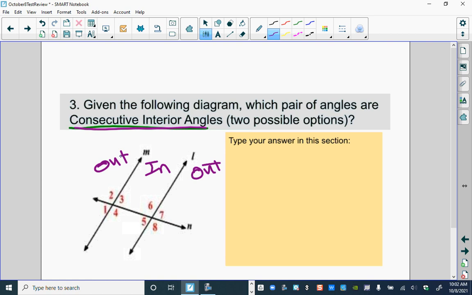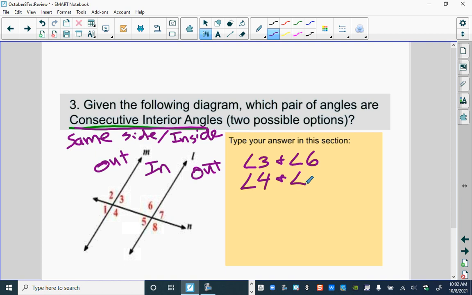Same side. So our angles would be 3 and 6, 4 and 5. Yup. Inside, inside. So angle 3, angle 6, angle 4, angle 5.